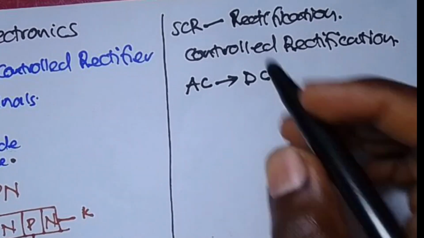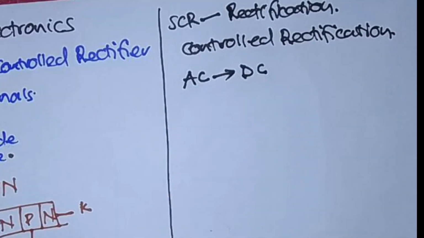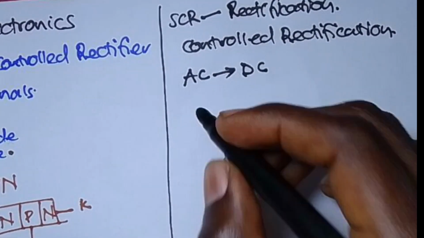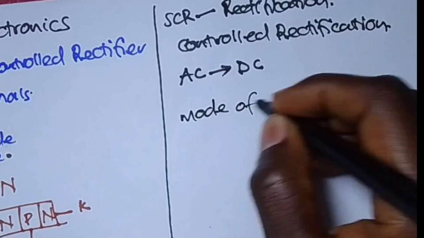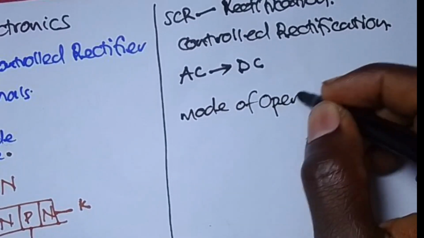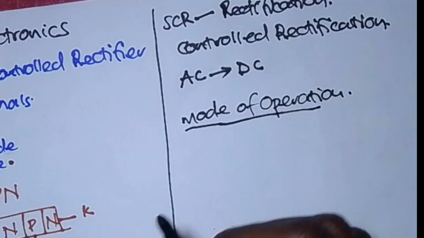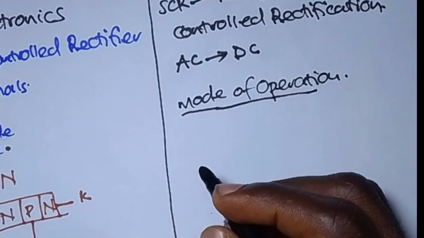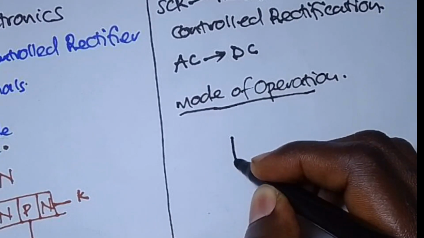First of all, an SCR has several modes of operation. If I am to explain the mode of operation, this SCR is always connected in a circuit with a load in series with the anode, and it is given a certain voltage across the load.